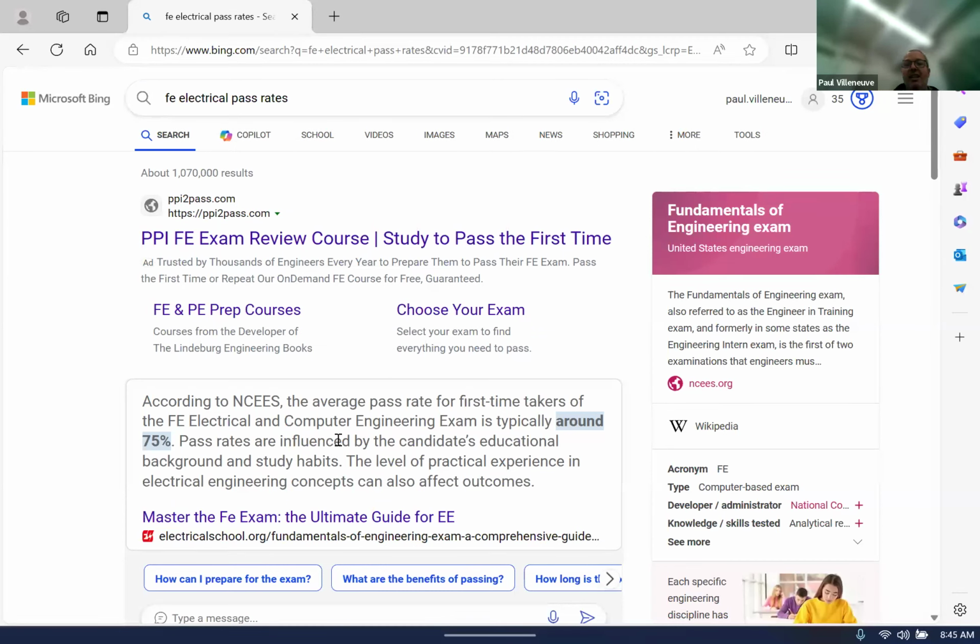So when all is said and done, about a quarter of electrical engineering graduates, EET and ECO the same, about 25% end up becoming PEs. That's why you get a higher salary. This is the average pass rate of 75%.